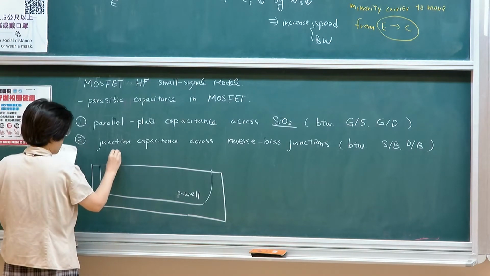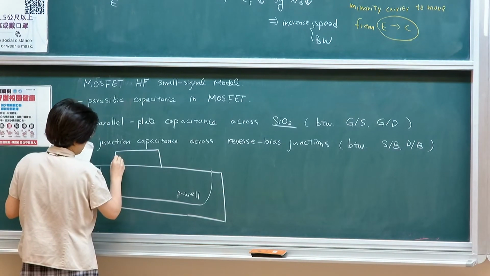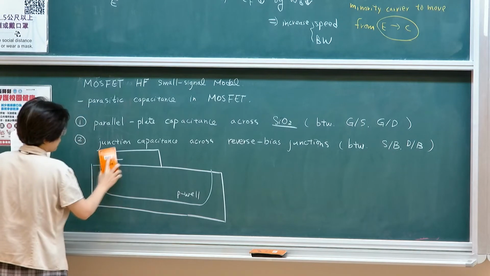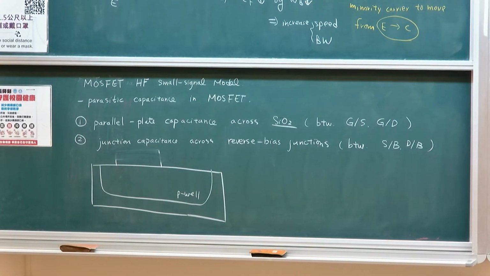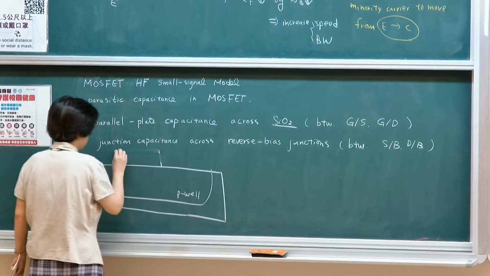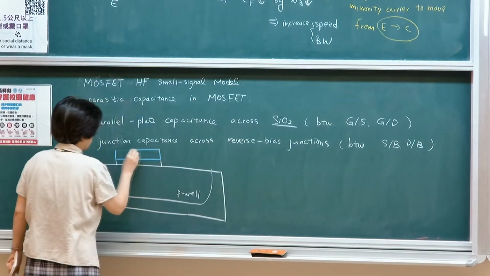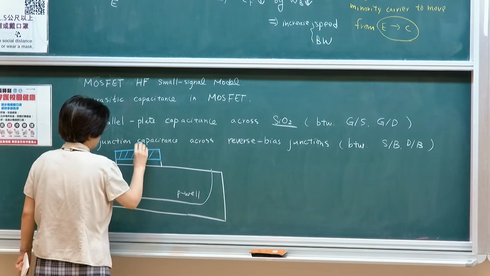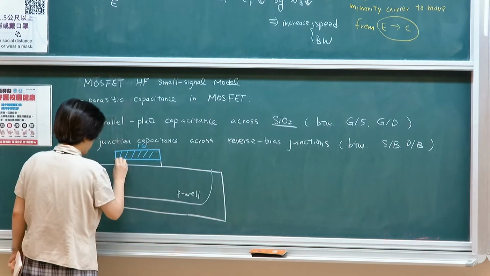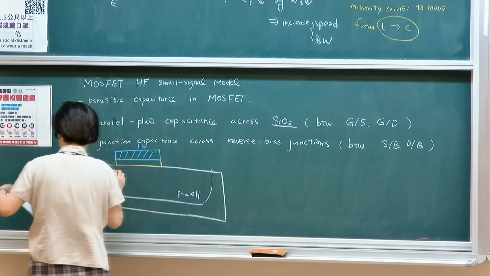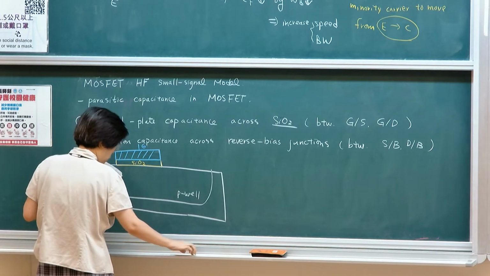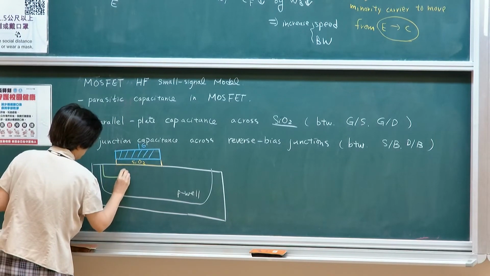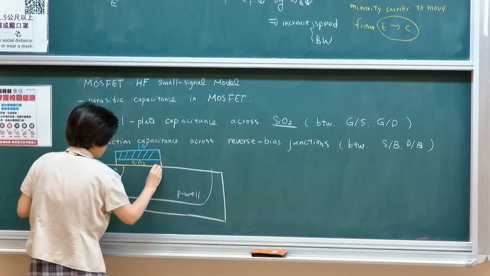I have the gate, then oxide, SiO2, MOS. And then we'll have junctions: this will be my N plus junction.